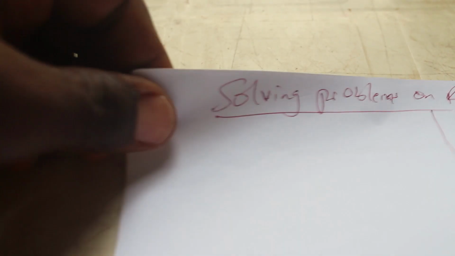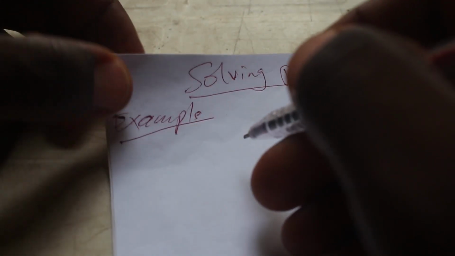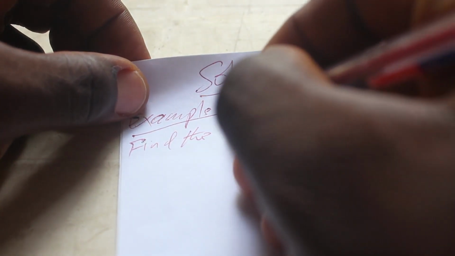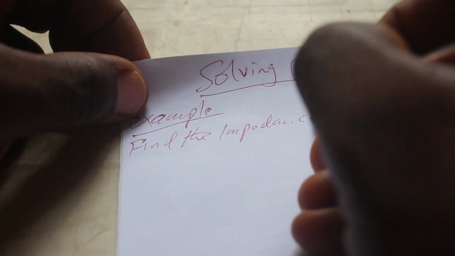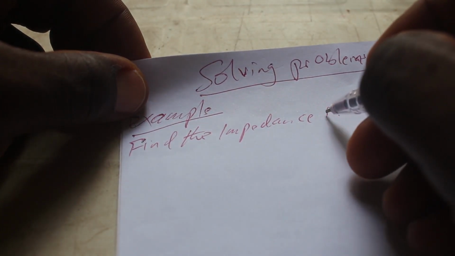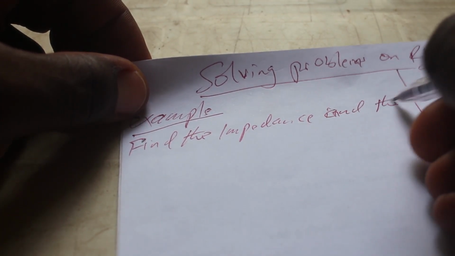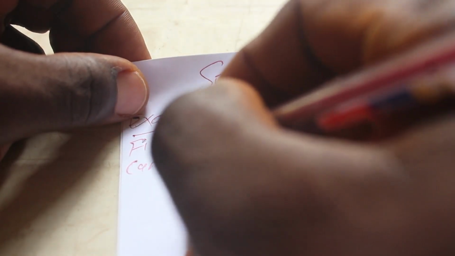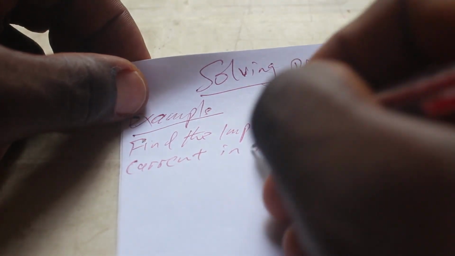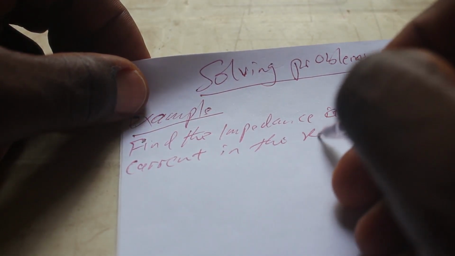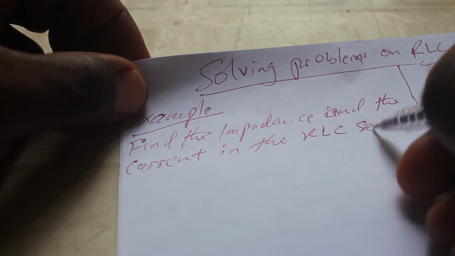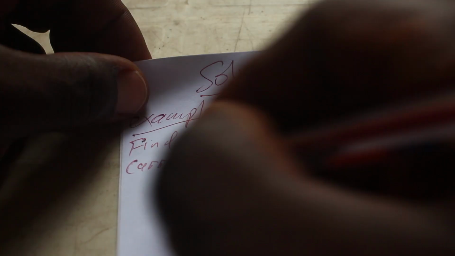Okay, here we have an example. Find the impedance and the current in the RLC series circuit below.